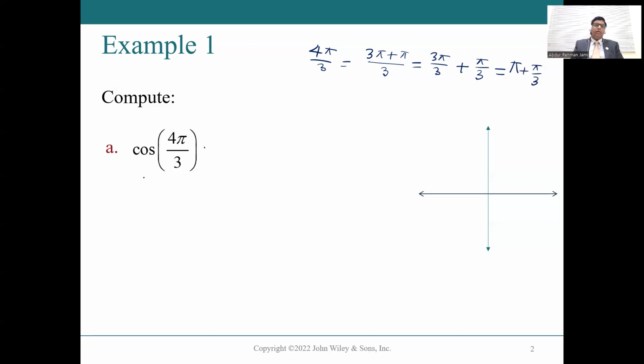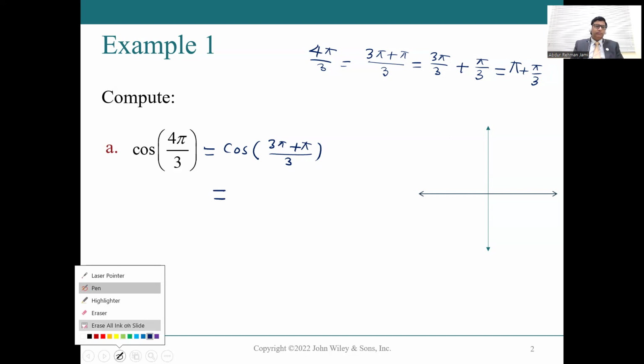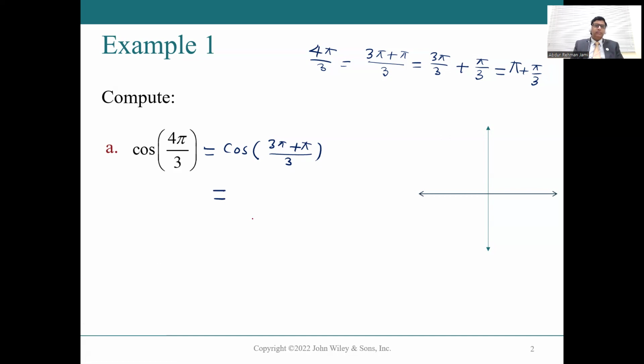It means the angle 4 pi over 3 can be written like this: cosine of 3 pi plus pi over 3. And this is equal to cosine of, you divide the first one by 3, so the 3 cancels, just like you can see over here in detail.